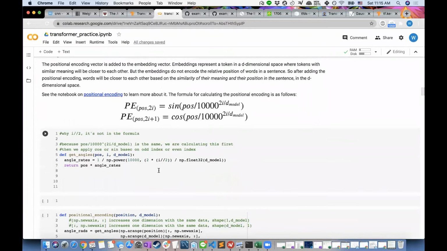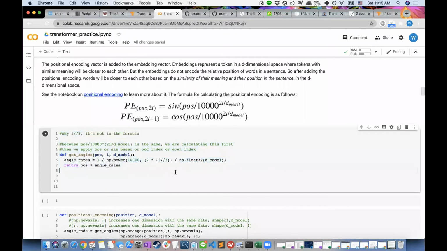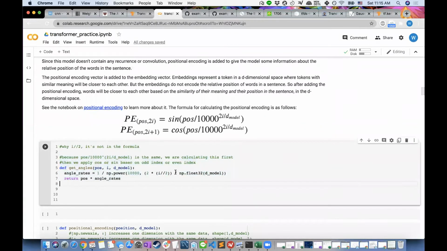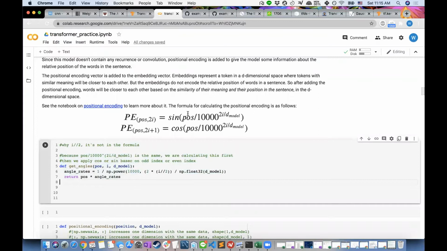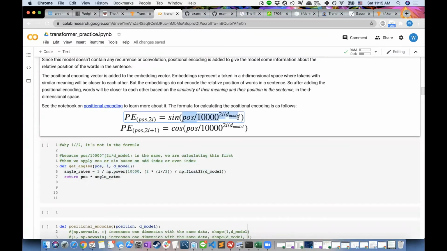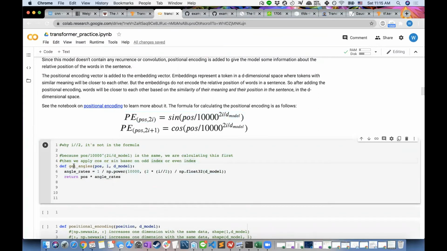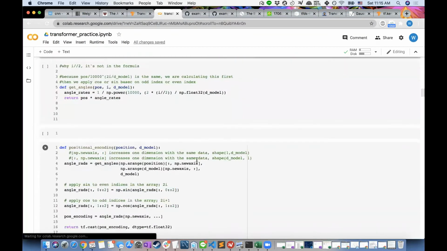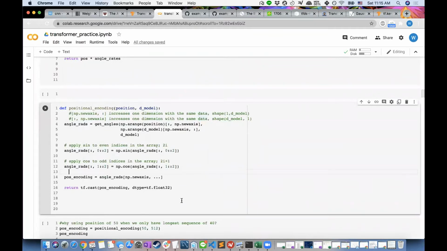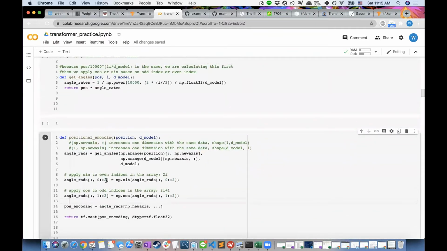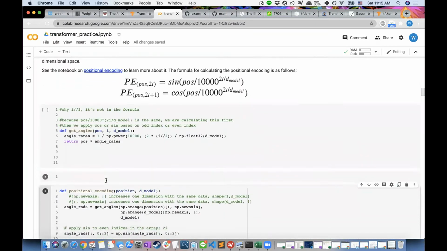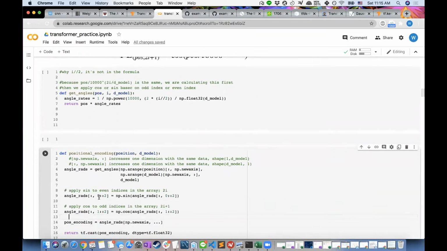We went through positional encoding, basically how we can build a function for that. And this is just that part, get angles, and then we feed that into a larger function. For the even numbers, we use sine.